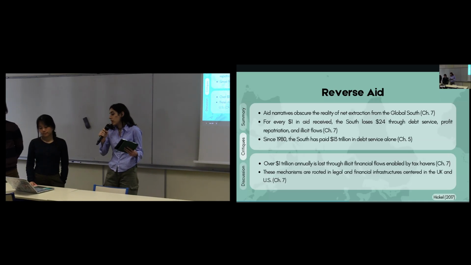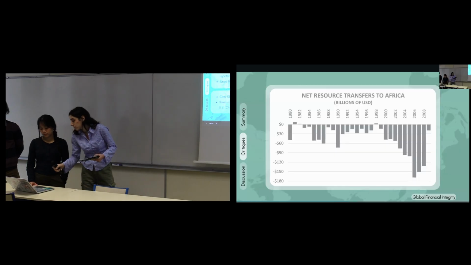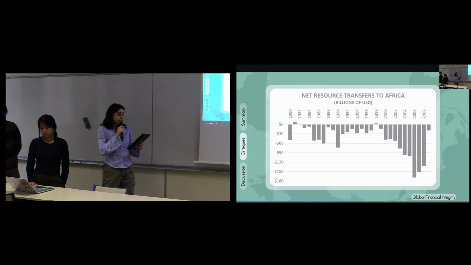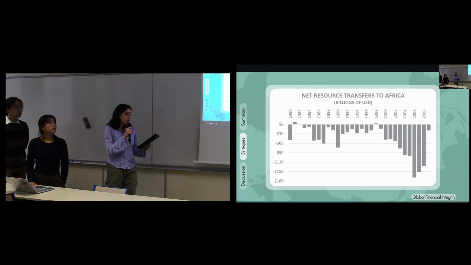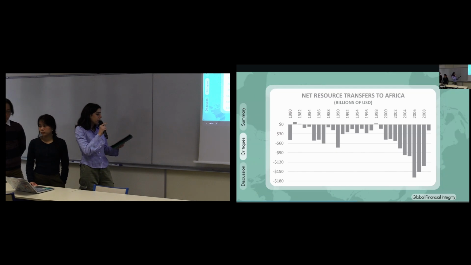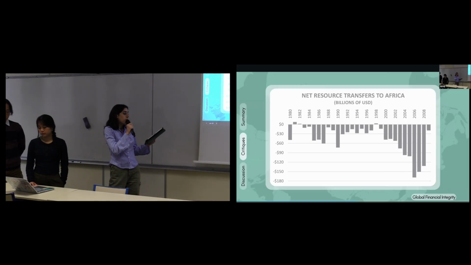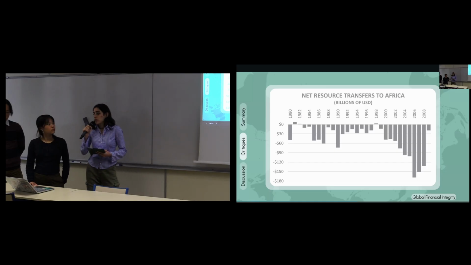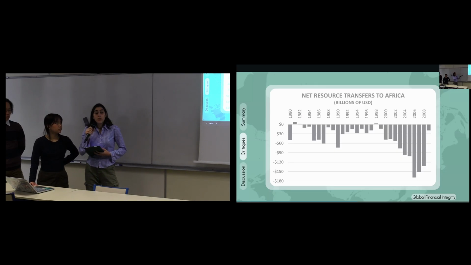And this results in net outflows from the global south to the global north. So here it's actually kind of reversed: for every $1 received in aid, the south loses $24 through debt service, profit repatriation, and illicit financial flows.